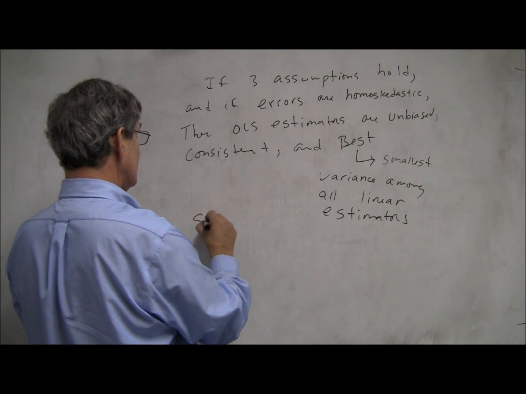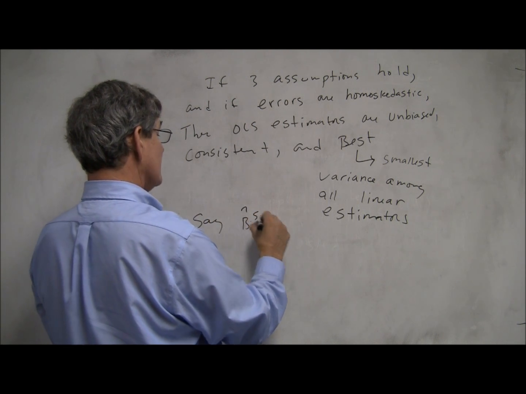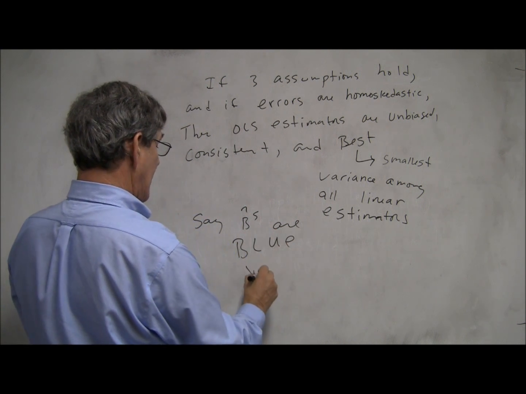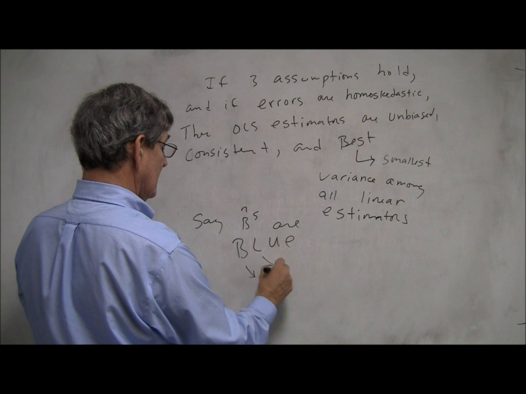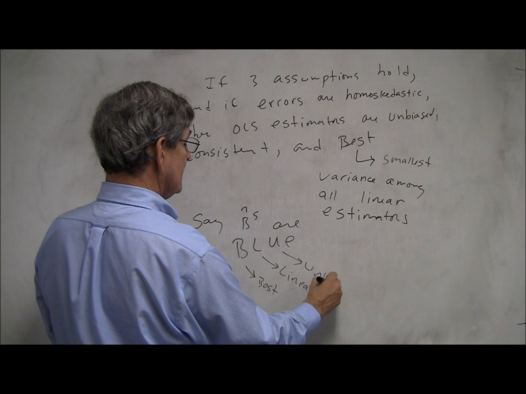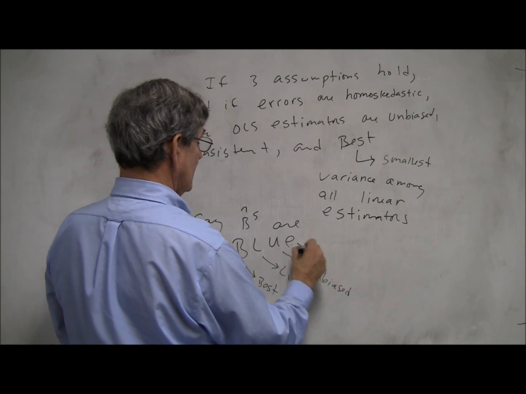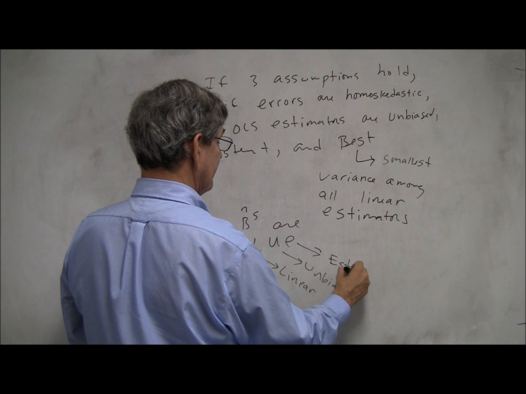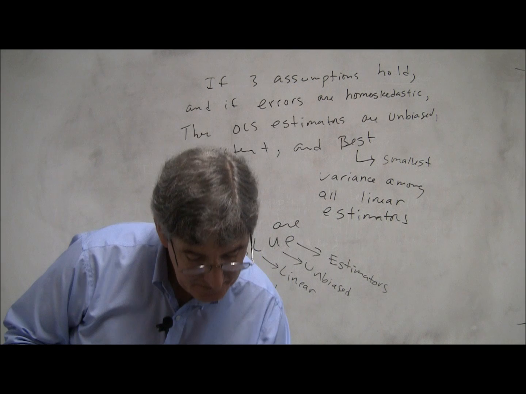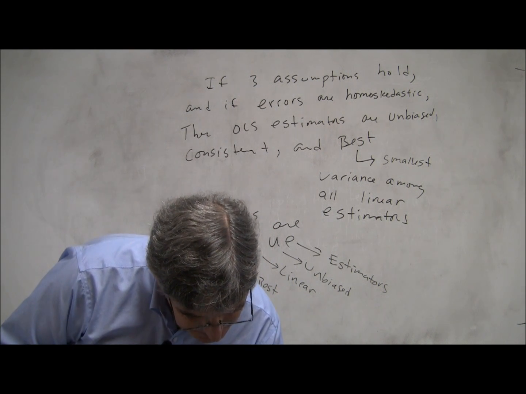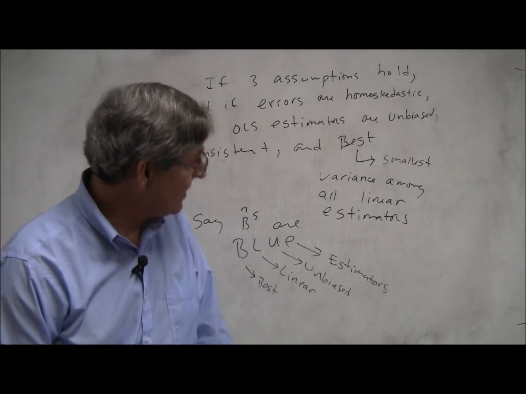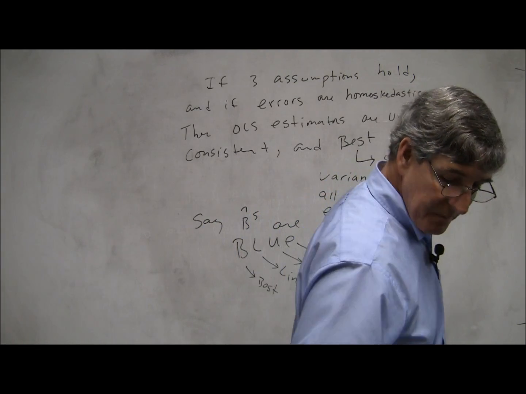So we say that the beta hats are BLUE: Best Linear Unbiased Estimator. And I've proved that a few times. The proof isn't too hard. We are not going to do it. This result comes from something called the Gauss-Markov theorem.